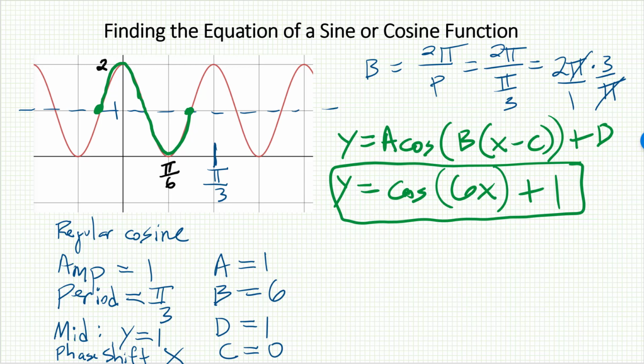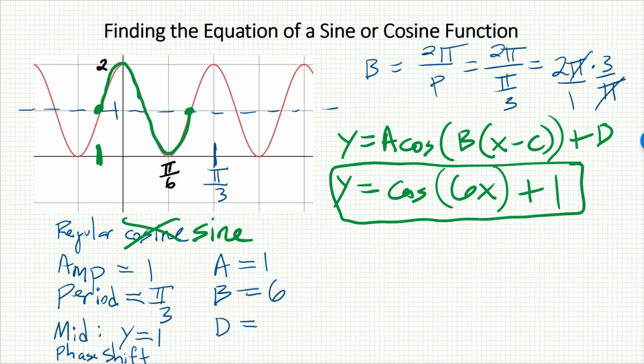All of that stuff is the same. The only thing that would be different now would be the phase shift. Because if I'm going to use regular sine instead of regular cosine, clearly the regular sine function here has been shifted to the left by this amount. Now, that's half a tick mark.